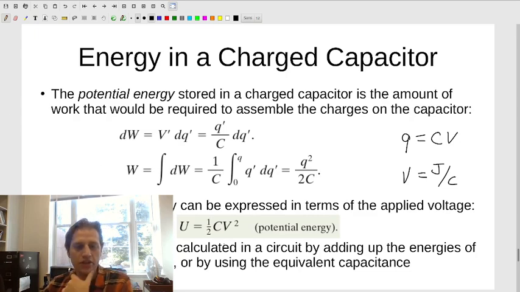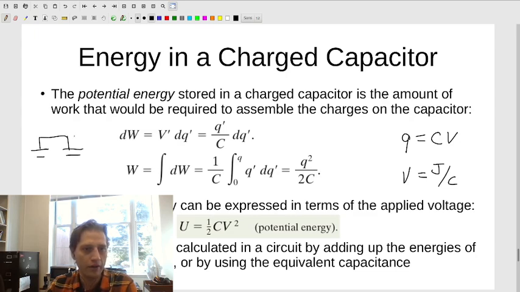An interesting thing about this expression is that it actually works in many ways. So for instance, if I have a circuit where I have two capacitors like this, I can go ahead and use this equation to find the energy stored on my first capacitor and my energy stored on the second capacitor and add them up, and that would give me the total energy that this circuit is storing.